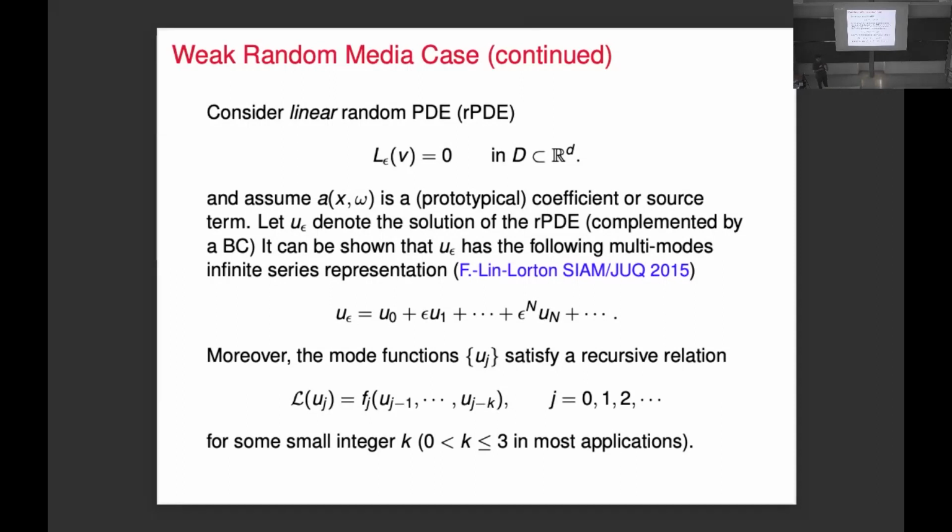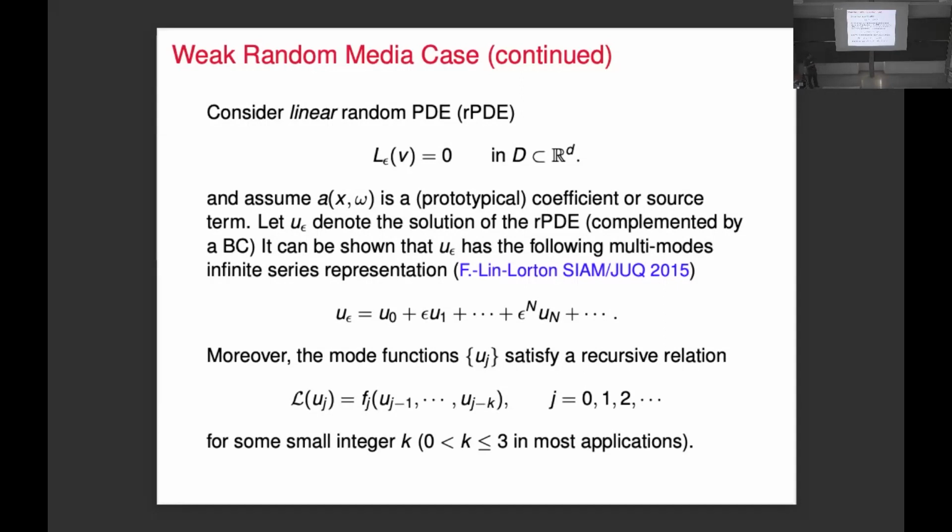Okay. This is in the spirit of homogenization, but it's different from homogenization, though in that direction. You can write the solution as an infinite series in powers of epsilon. Of course, in computation, you stop somewhere as an approximation. In practice, we only need a capital N that is very small. 3, 4, that's it.